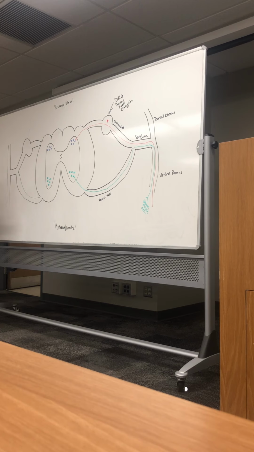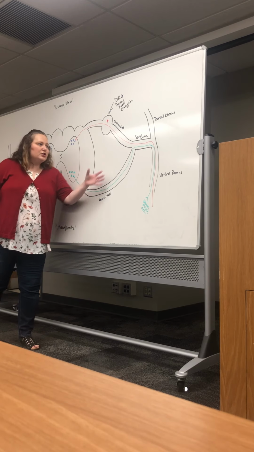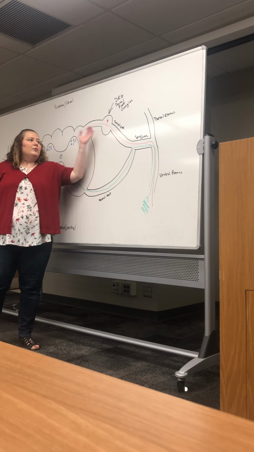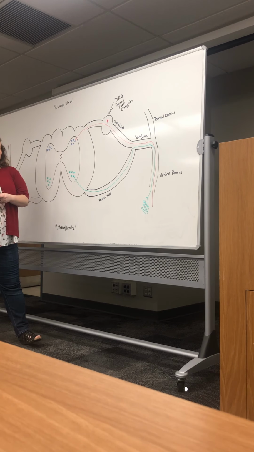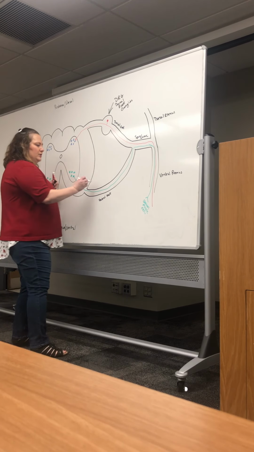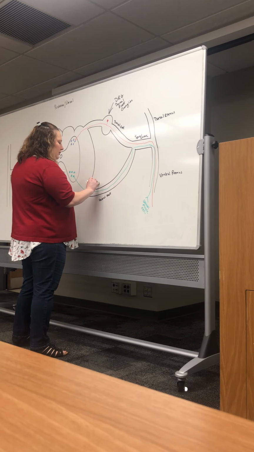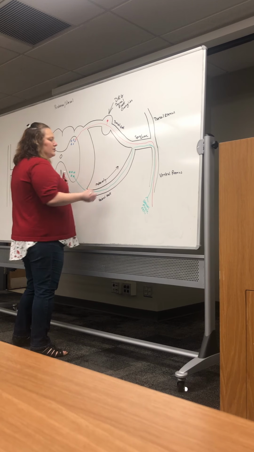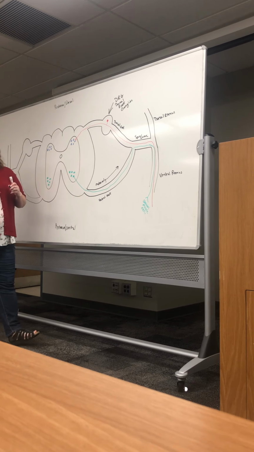The nice thing about drawing it out, I mean, I'm just showing you one neuron, but there's multiple neurons doing that, but you can see the division of labor that gets set up. Your ventral root is going to be motor only, and you can visualize that. So information is only going that direction.